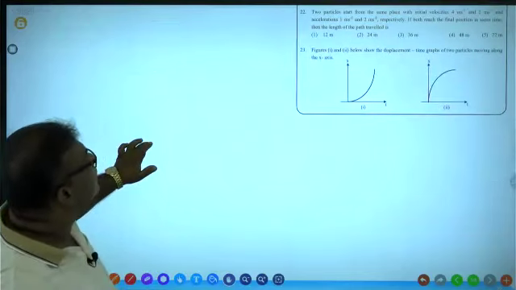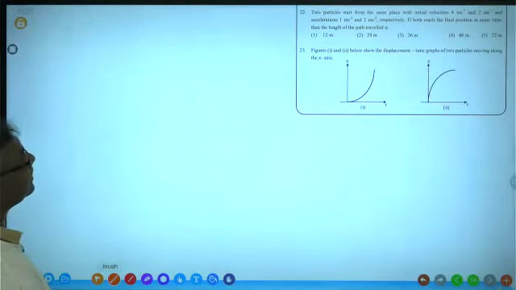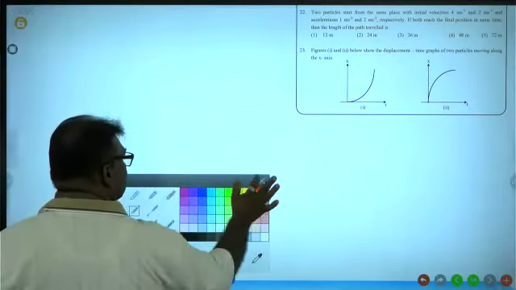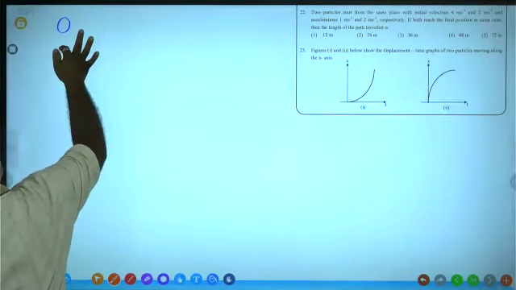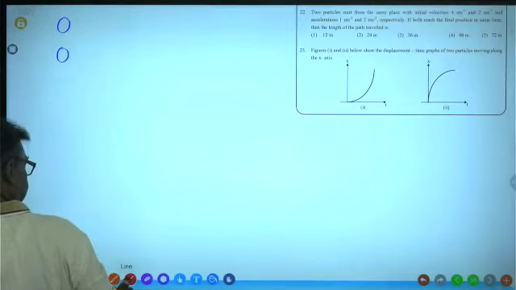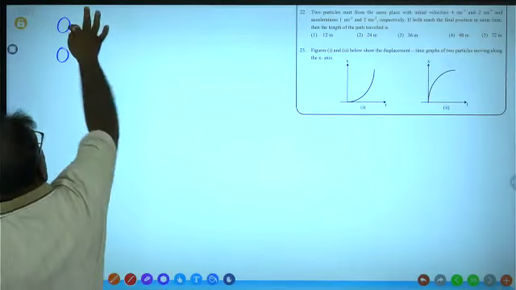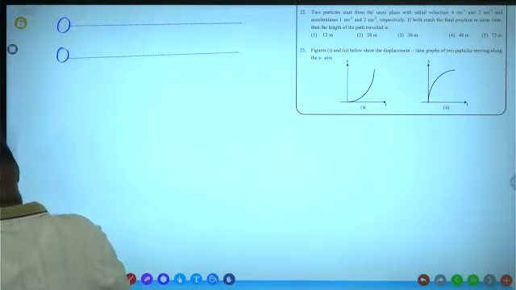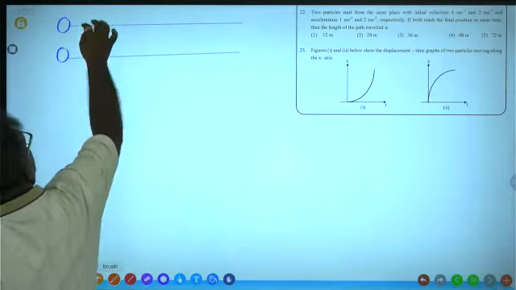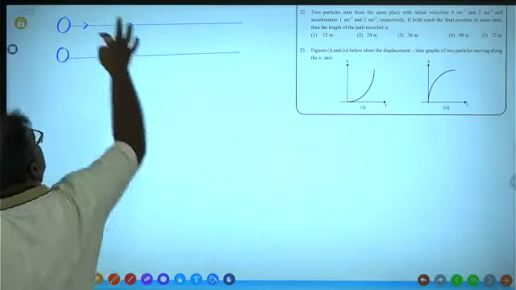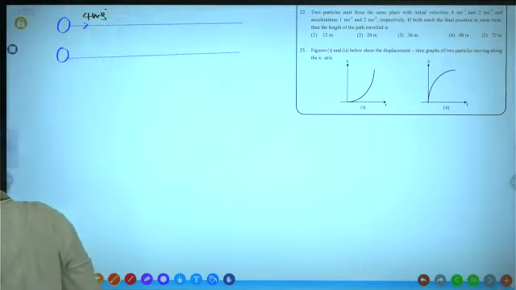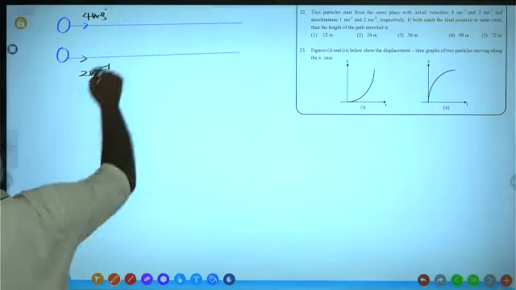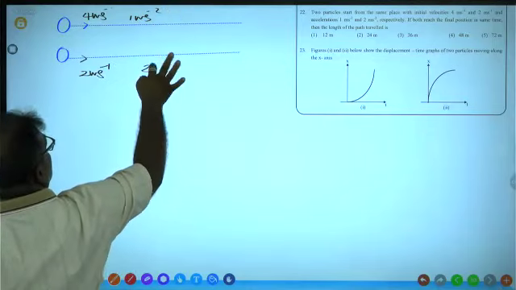22nd one. Two particles start from rest from the same place, traveling like this, with initial velocities 4 ms^-1 and 2 ms^-1, and accelerations of 1 and 2.